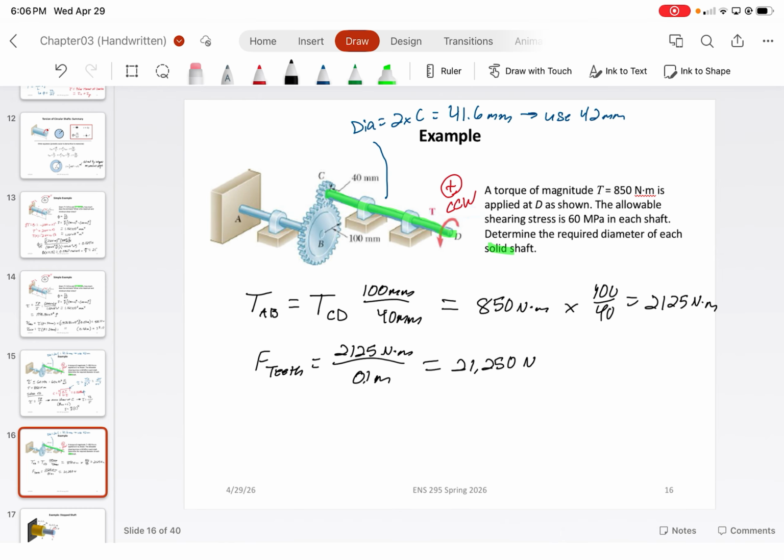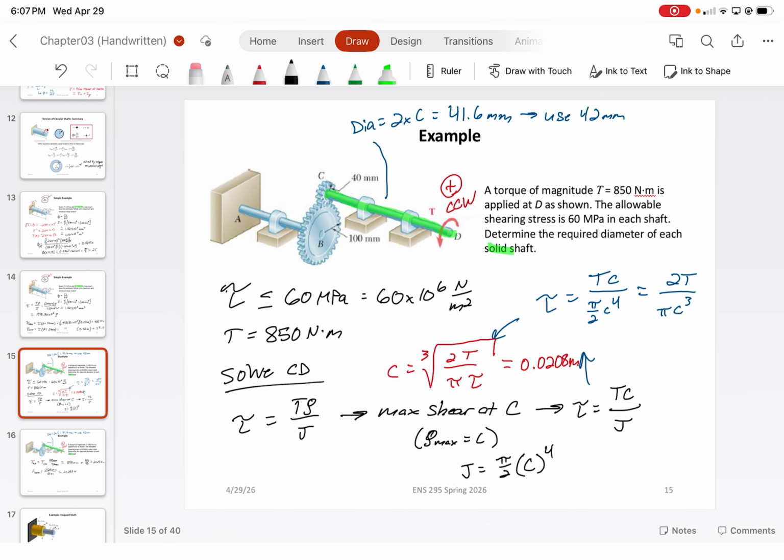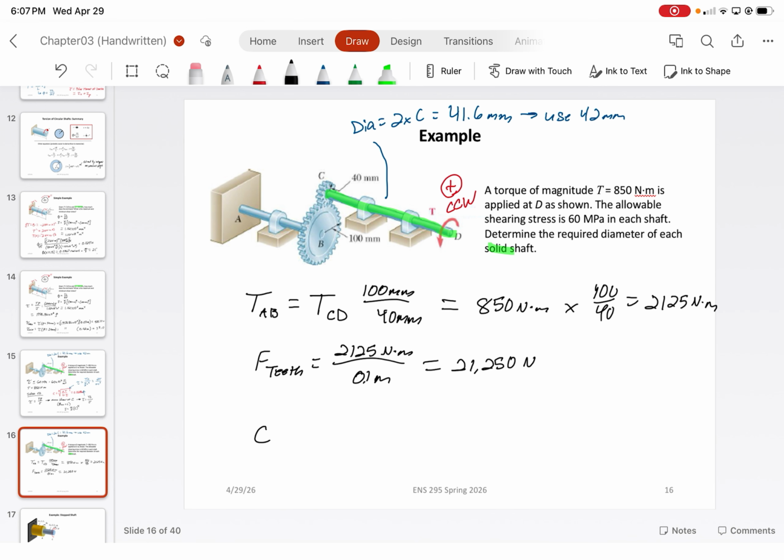All right, so to determine the required diameter that rod AB needs to be, we can just use that same equation. So c is just equal to the cube root of 2T over pi tau.